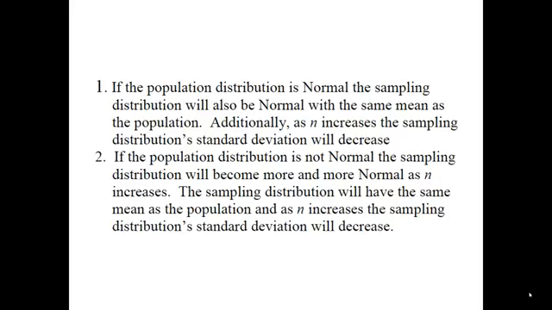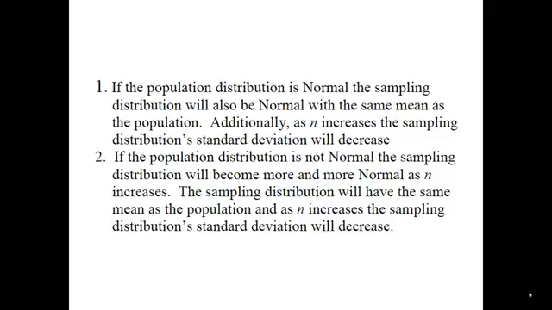The sampling distribution of the sample mean. The central limit theorem. 1. If the population distribution is normal, the sampling distribution will also be normal, with the same mean as the population. Additionally, as n increases, the sampling distribution's standard deviation will decrease. 2.